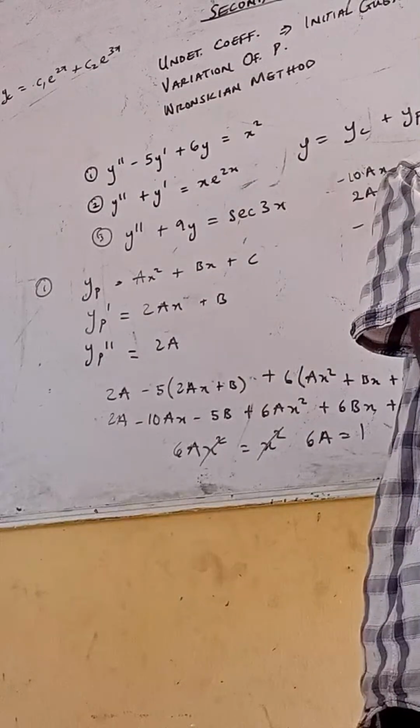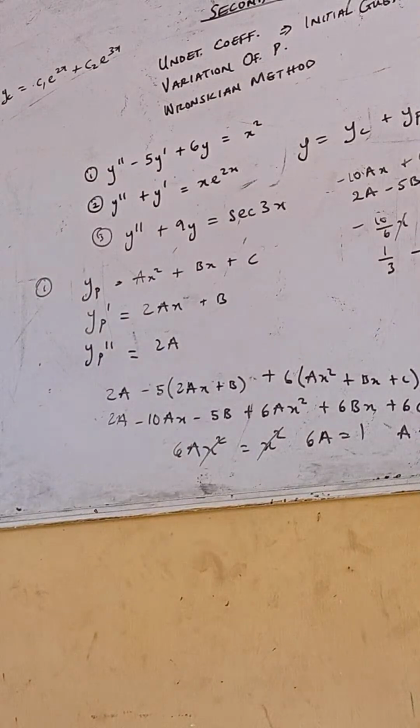So I will join both of them together, plus 6c equals 0. If I join it, 12 minus 50 is minus 38 over 36, plus 6c equals 0. So I can say 6c equals, bringing this to the other side, 38 over 36.